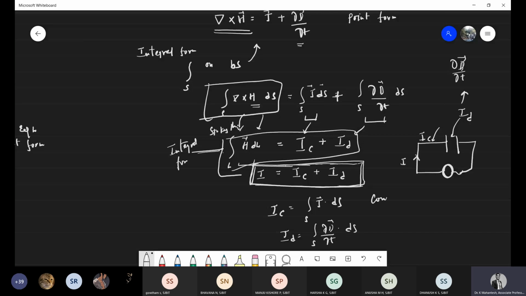This is conduction current and this is displacement current.